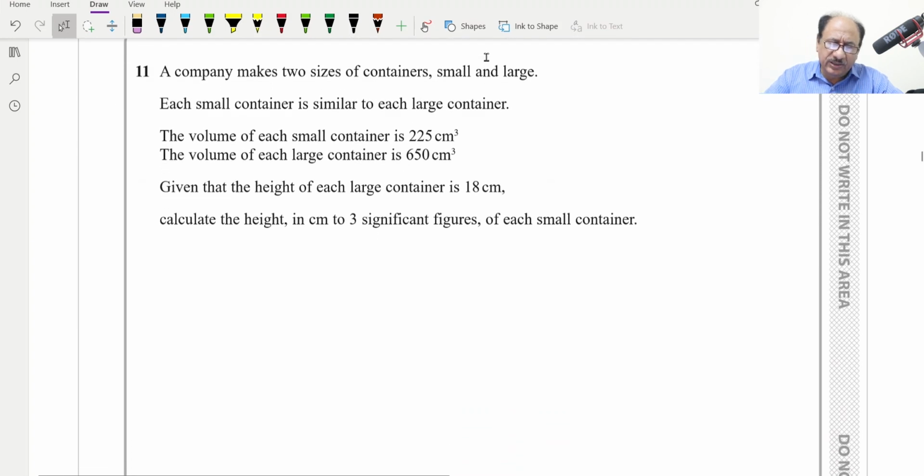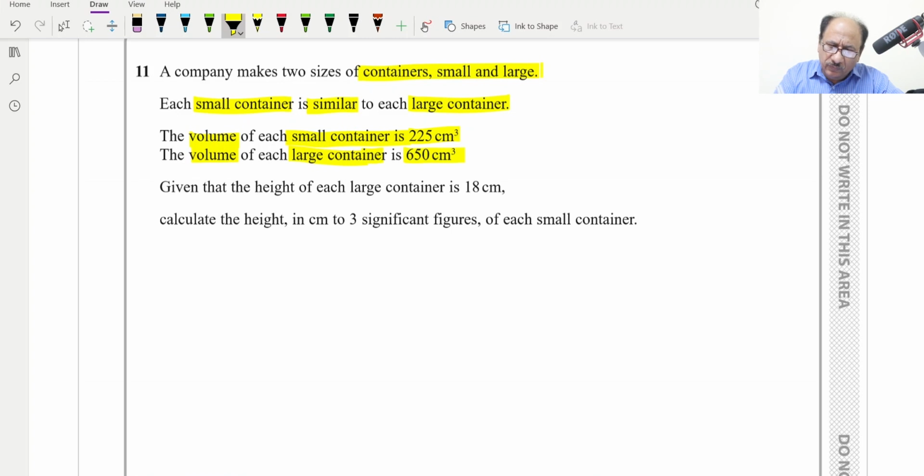A company makes two sizes of containers. These are similar shapes. A small container is similar to large container, and the volume of a small container is this much and volume of large container is this much.